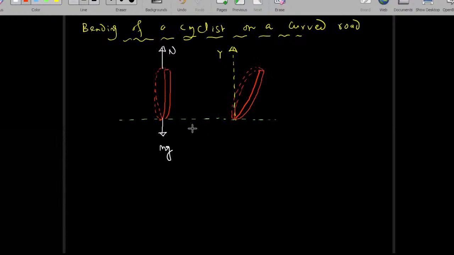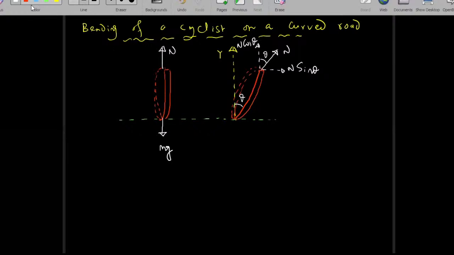So in this case, what will happen? The normal reaction will be tilted. So this is the normal reaction now, N, correct? I'm taking this angle as theta. All right. So here we can take the components. If this is theta, this is going to be theta. So this is N sine theta, and this is going to be N cos theta.